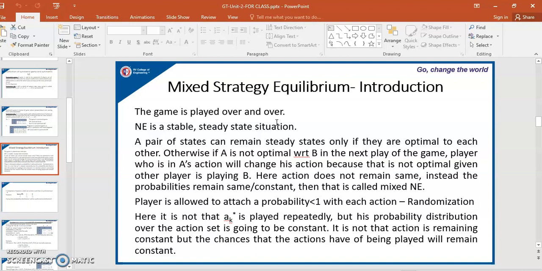Otherwise, if A is not optimal with respect to B, in the next play of the game the player who is in action A will change his action, because that is not optimal given the other player is playing B. Here the action does not remain the same, instead the probabilities remain the same. So, then it is called a mixed Nash equilibrium. A player is allowed to attach a probability less than 1 to each action, which is called randomization.